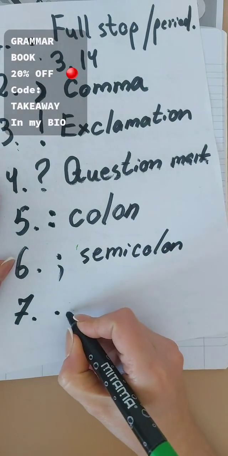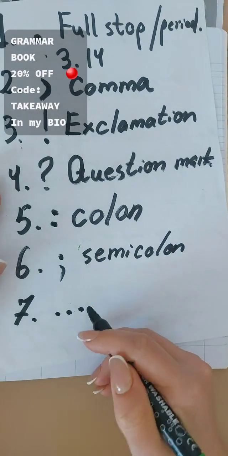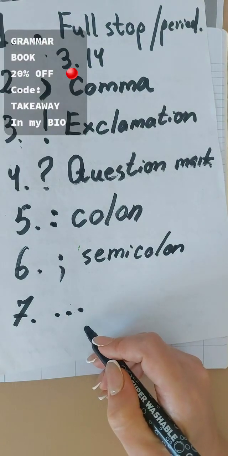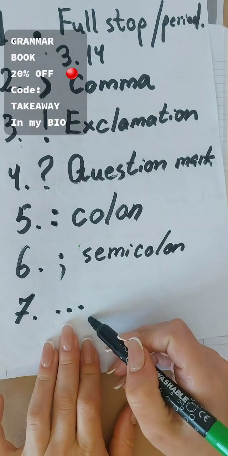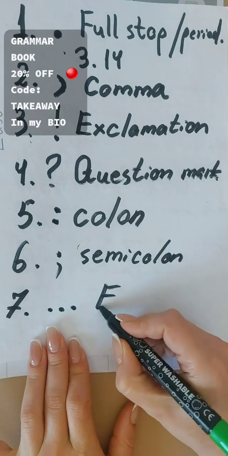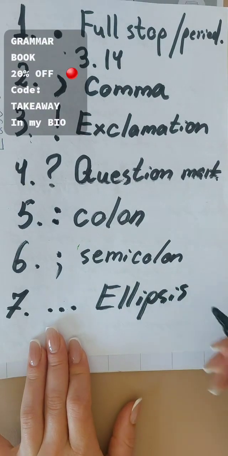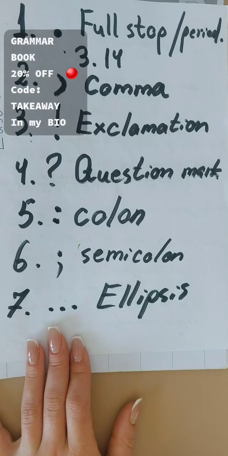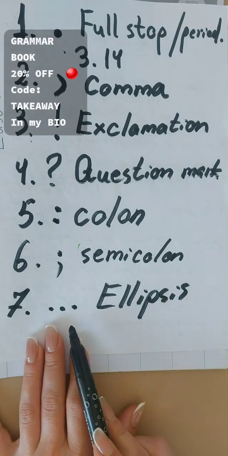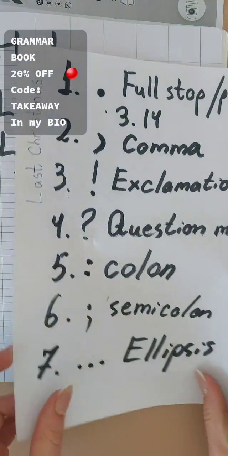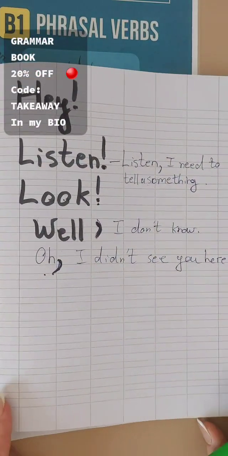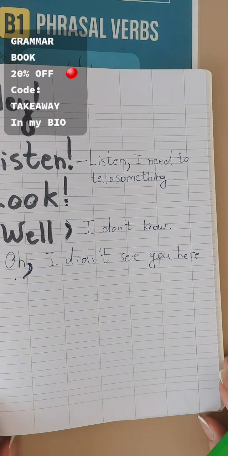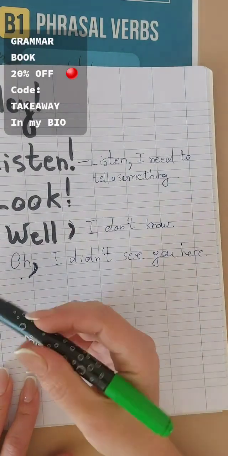And the last one, 3 dots, also called ellipsis. We often use the 3 dots with interjections. For example, when we are surprised, confused, or when we are thinking.